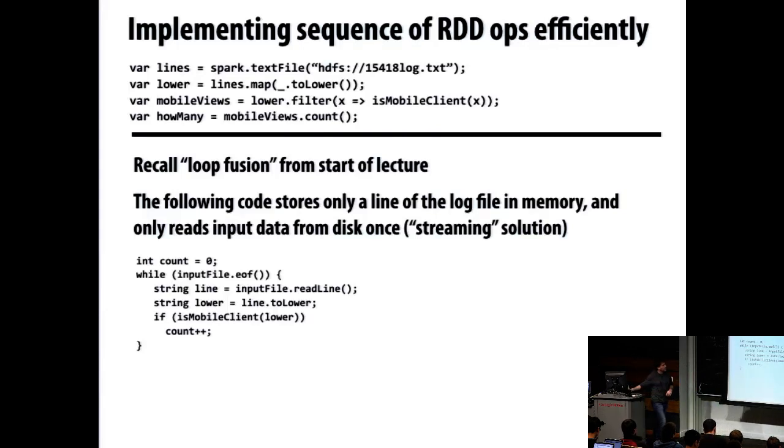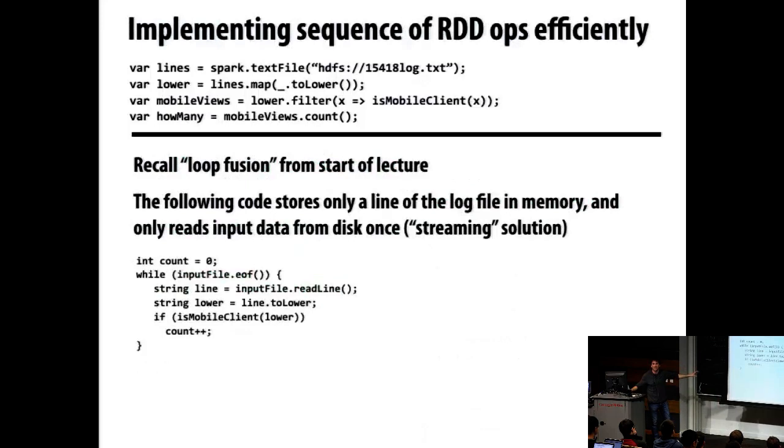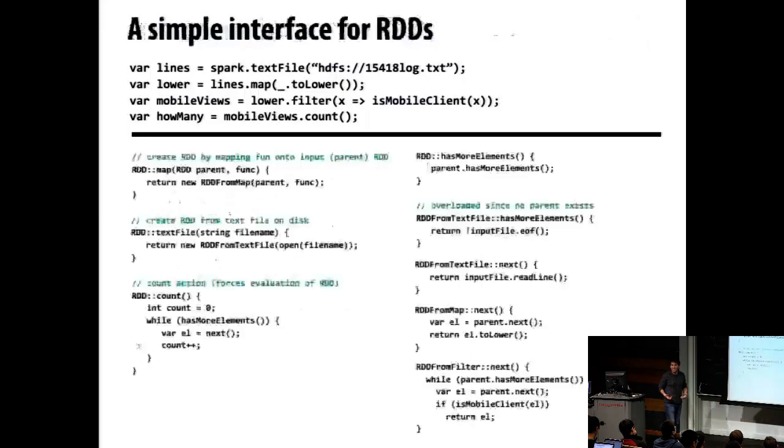So the RDDs, if you actually look at the implementation of RDDs, this slide might be a little bit hard, and I apologize. Let me start thinking about how we might actually implement an interface that gets me very close to the hard-coded thing that I did here. So imagine you had an RDD object, and we wanted to create an RDD from a text file.